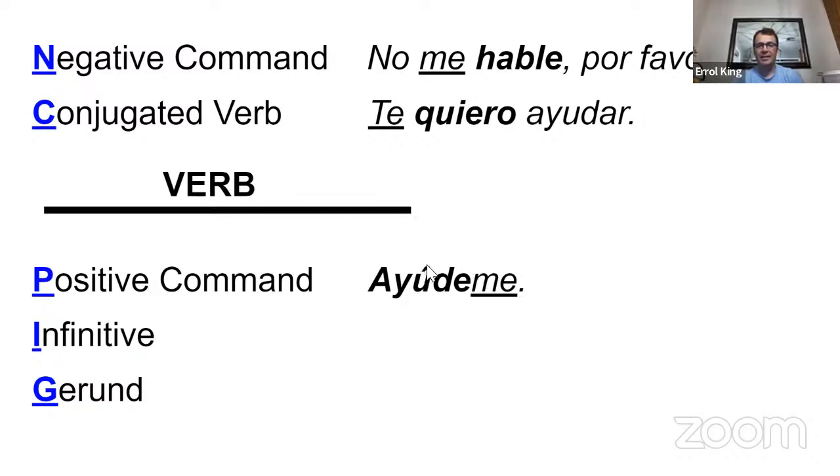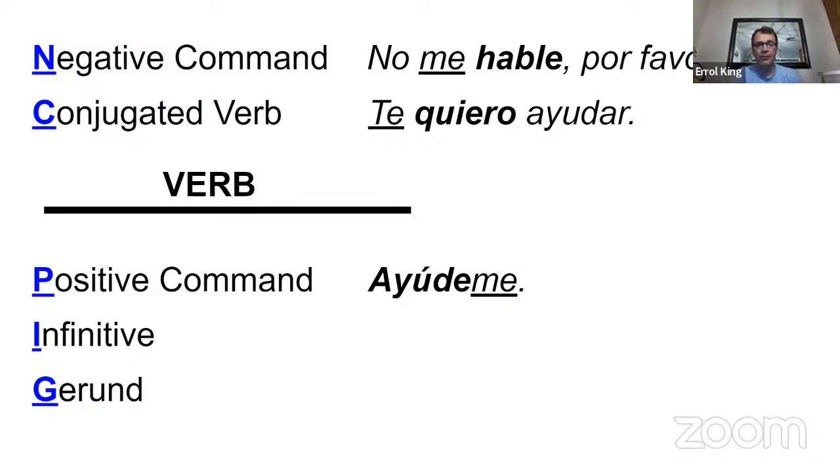And we threw this accent on here because originally, before we added the me, the stress was already on the U. Remember, any word that ends in an N, an S, or a vowel naturally has the second to last syllable stressed. Since we're breaking that rule, we want the stress back where it originally was. We added a new syllable, so we have to write that accent there. So, ayúdeme, help me, and that pronoun goes on the end of a positive command.